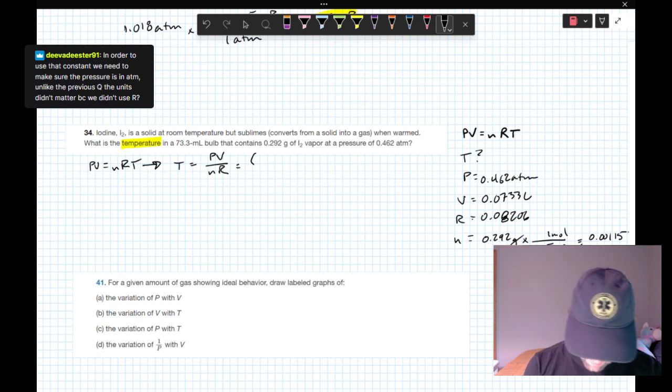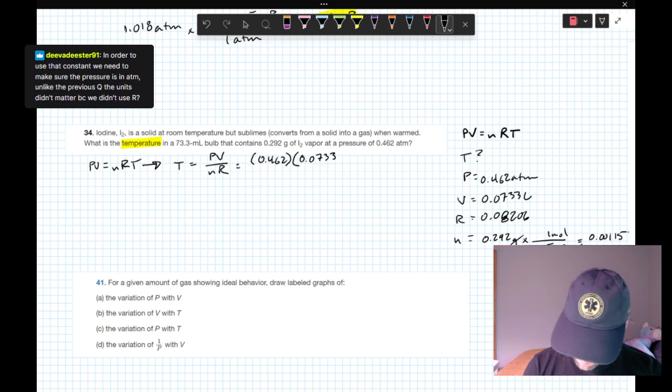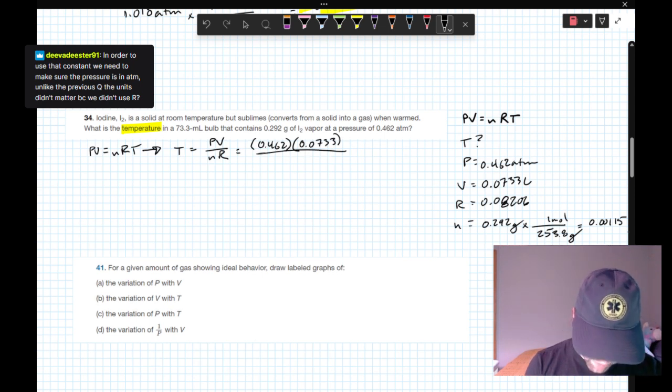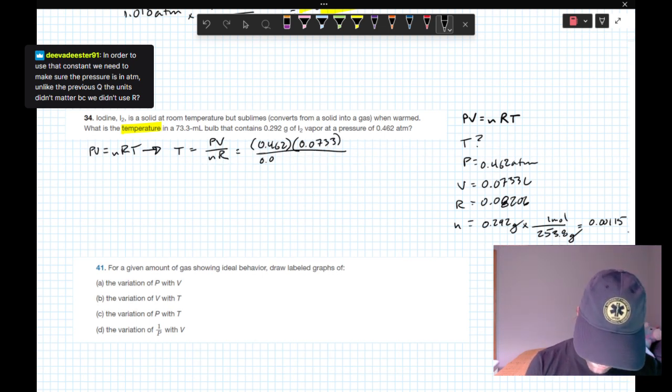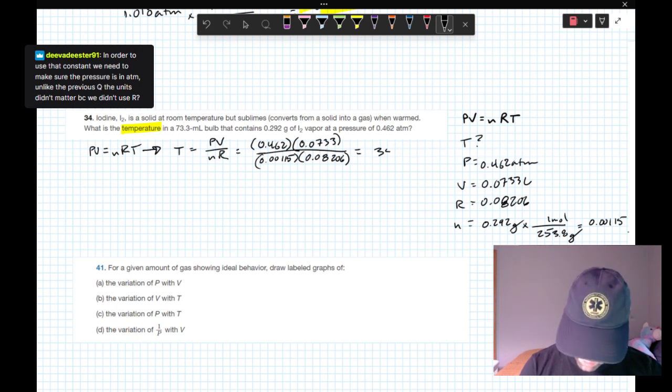We've got our pressure, our volume, quantity was 0.00115, and the gas constant, 8.206, should give us 358.9 Kelvin.